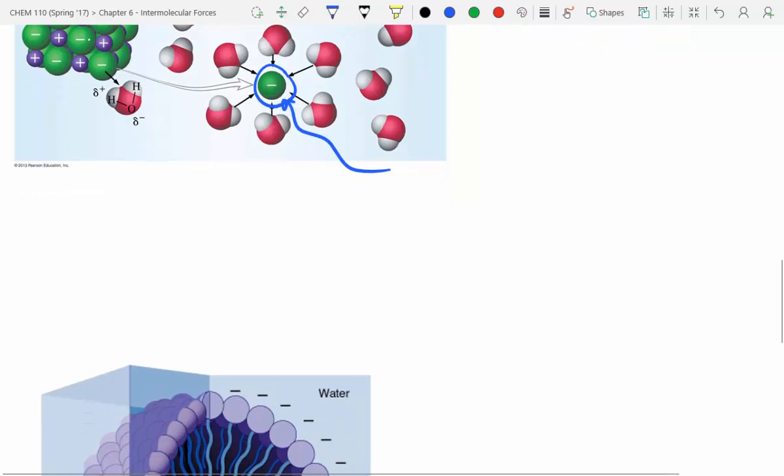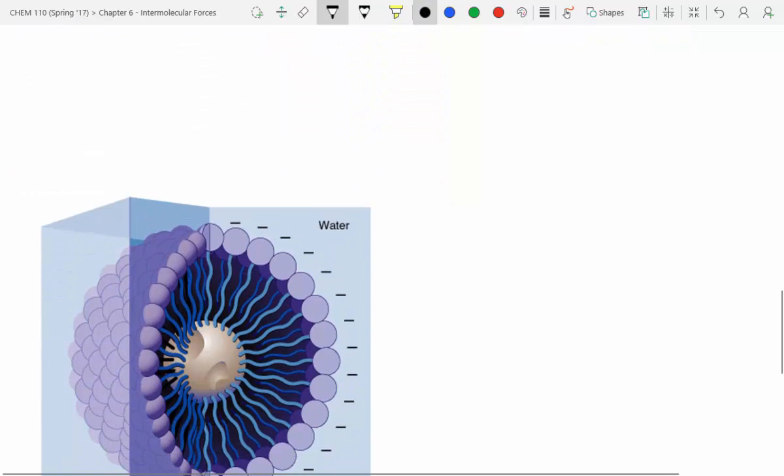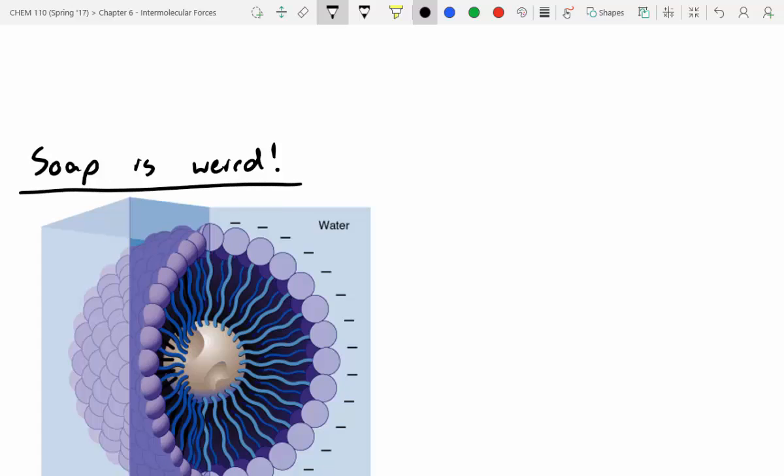I like this example. Soap. So soap is weird.